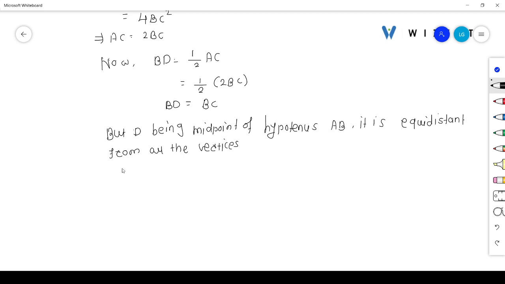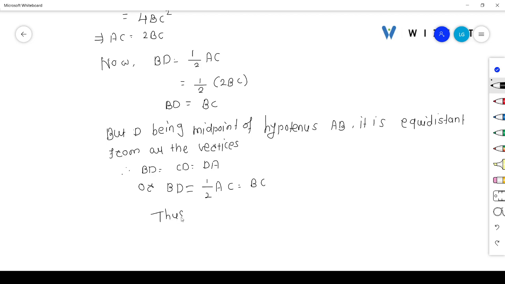That is, therefore, BD equals CD equals DA, or BD equals 1/2 AC, which equals BC.